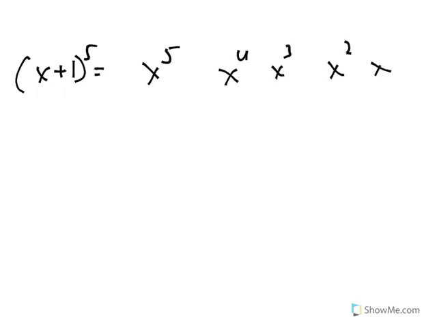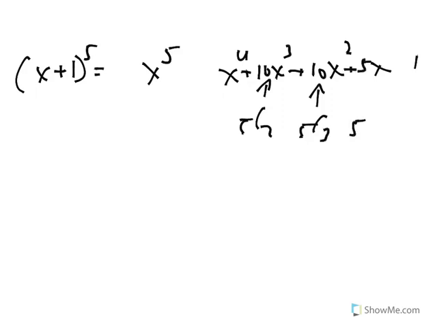This means that if I want to expand x plus 1 to the 5th power, there's going to be an x to the 5th term, an x to the 4th, an x to the 3rd, an x to the 2nd, an x, and 1. And the x cubed is going to be 10, because that's 5C2. For x squared, it's going to be 10 also, because that's 5C3.